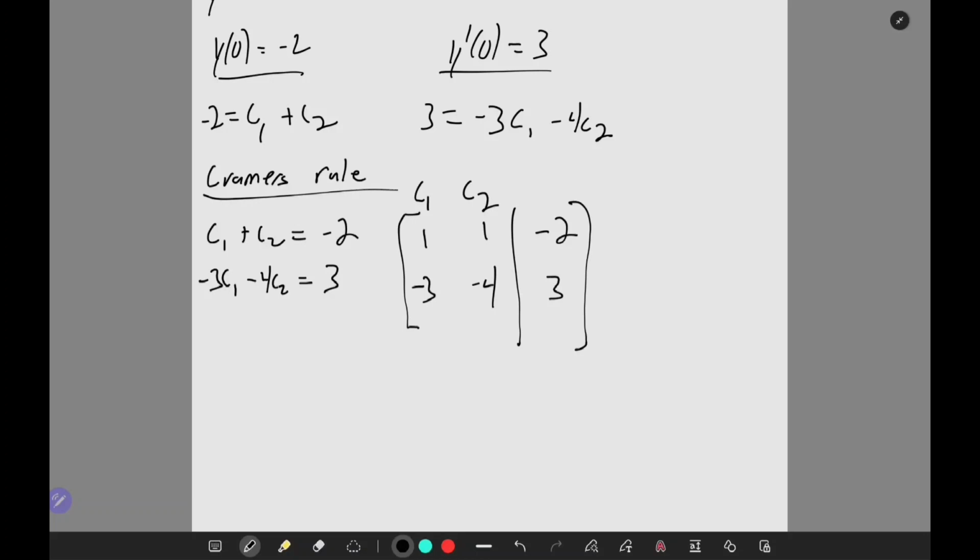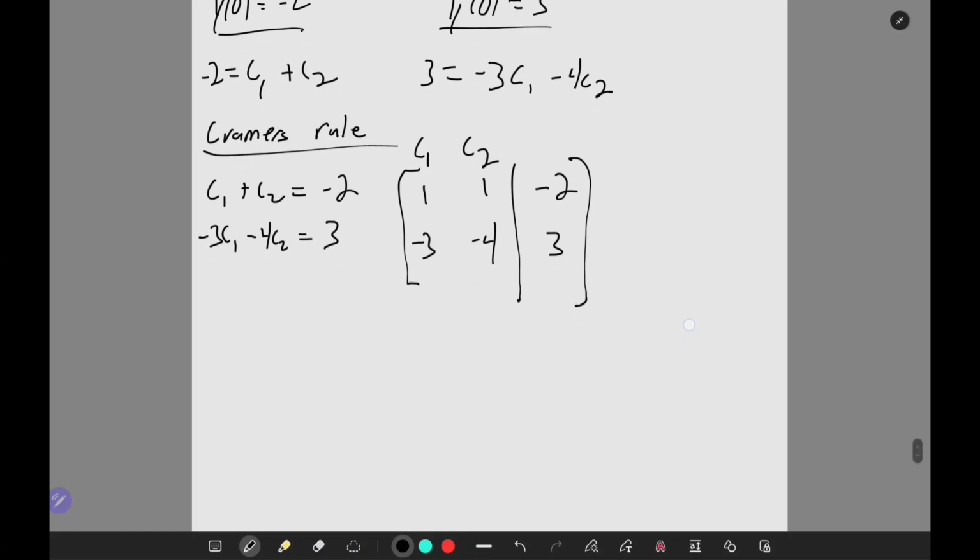So now, what we're going to do, let me look at the formula for Cramer's Rule. Let me find it here. So the way the formula for Cramer's Rule goes, let me write this out. 1, 1, negative 3, negative 4. Oh, sorry, let me write it like this.